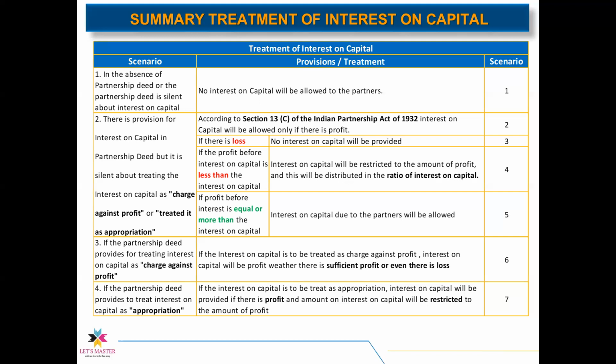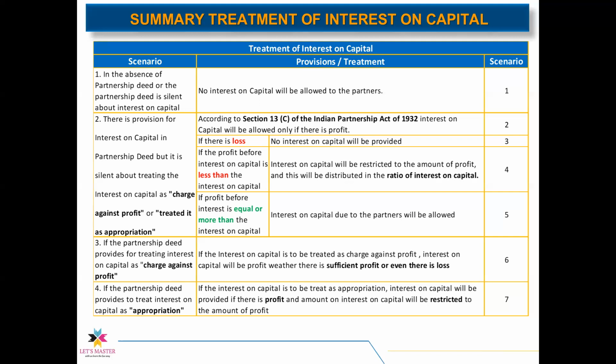So if the total interest that needs to be provided on capital is 12,000 and the profit earned by the firm is 10,000, then also the interest on capital would be provided to the tune of rupees 12,000, and the deficit of 2,000 would be charged to the partners' capital account or current account as the case may be.